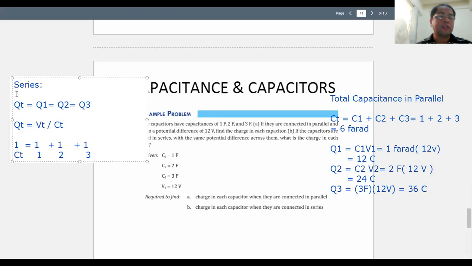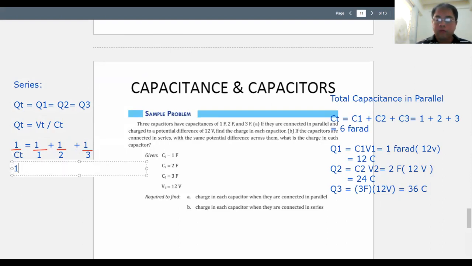So we'll be adding 1 over 1 plus 1/2 plus 1/3 first. But the answer of these three fractions is still not the value of the total capacitance. It is still a reciprocal value, 1 over C total.